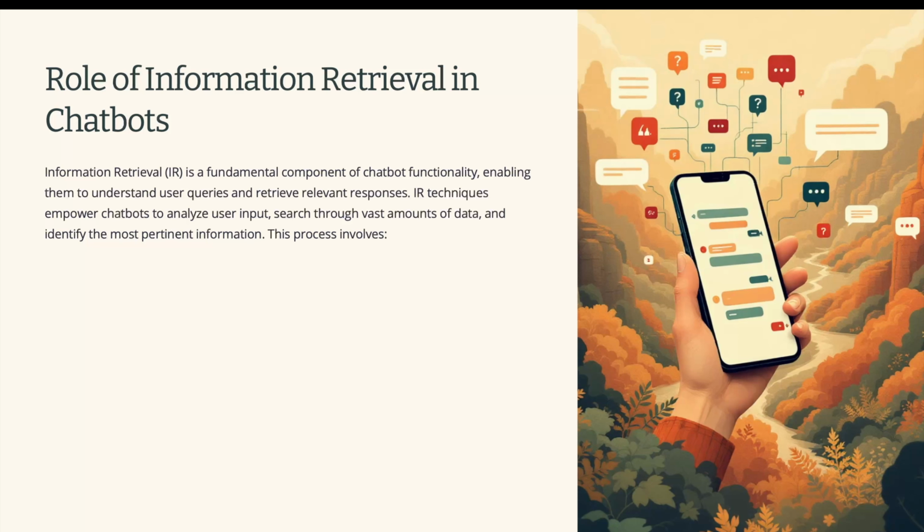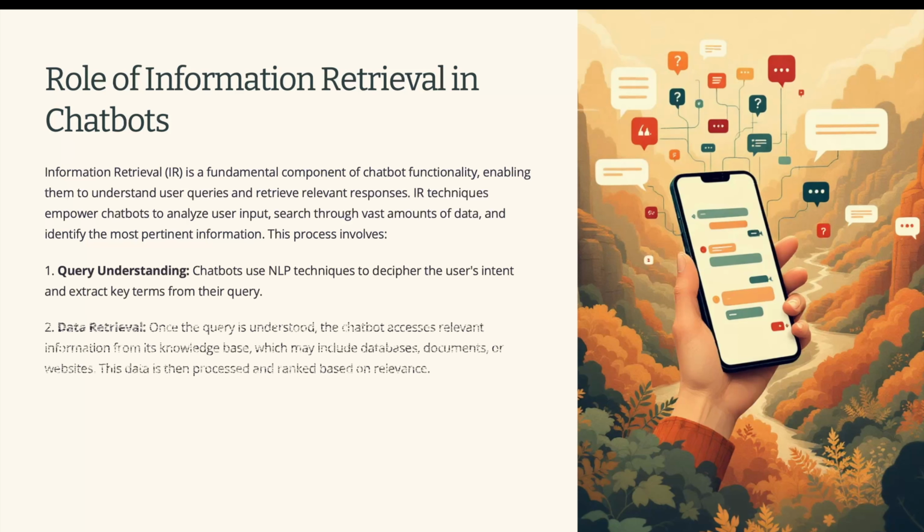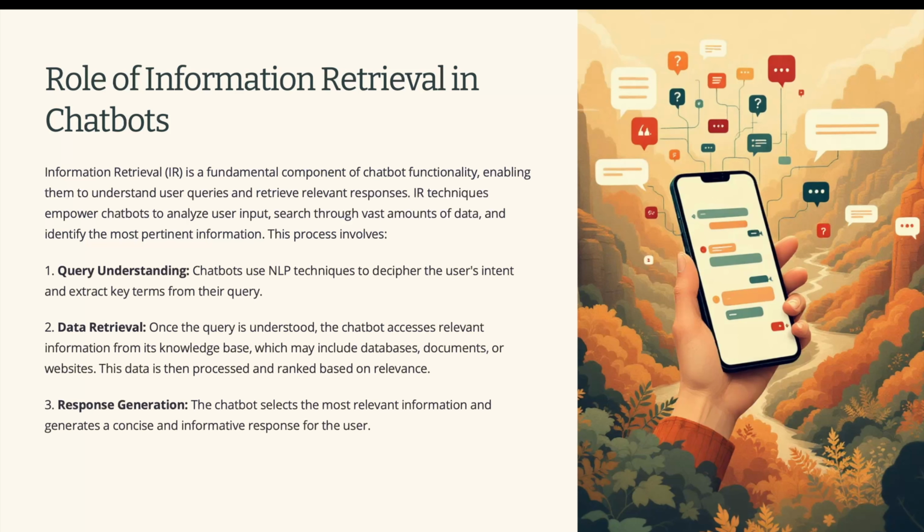This involves techniques such as natural language processing, where chatbots decipher the meaning behind user queries. After understanding the query, the chatbot uses its knowledge base, such as databases and documents, to pull relevant data, which is then ranked and presented based on accuracy and context.